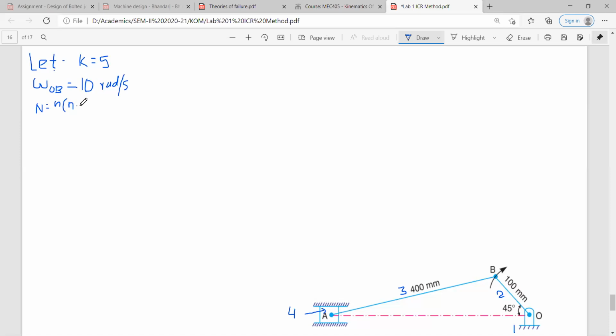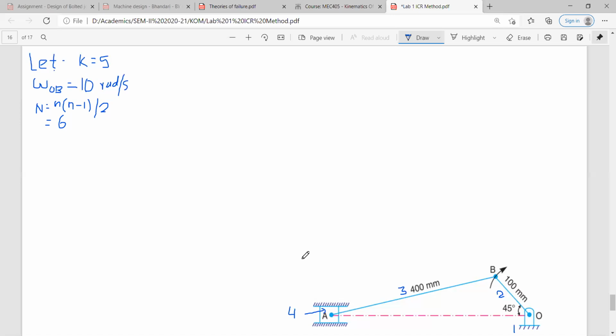So using this formula, you know that the number of ICRs is 6. Number of ICRs is 6. Okay. So let us first find out the ICRs which are easier to locate.